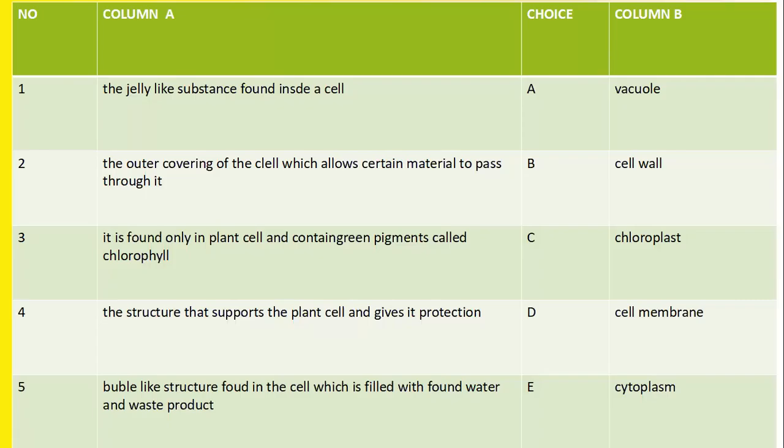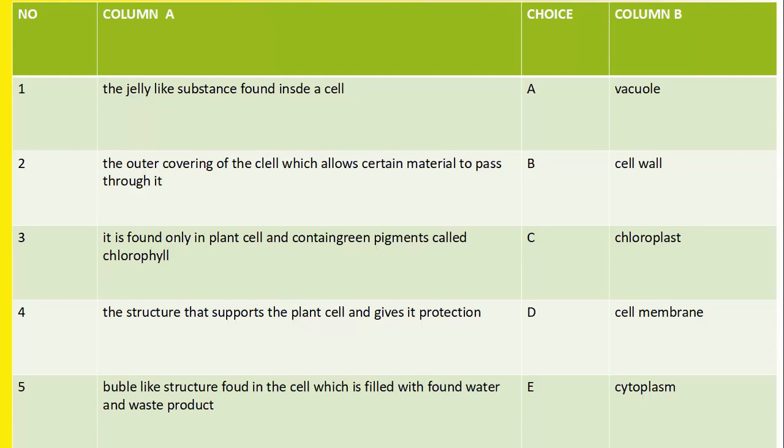Sorry for the interruption. It's a cell which allows certain material to pass through it. The outer covering of the cell which allows different material to pass through it. The option for 2 is option E. Option E is cell membrane.